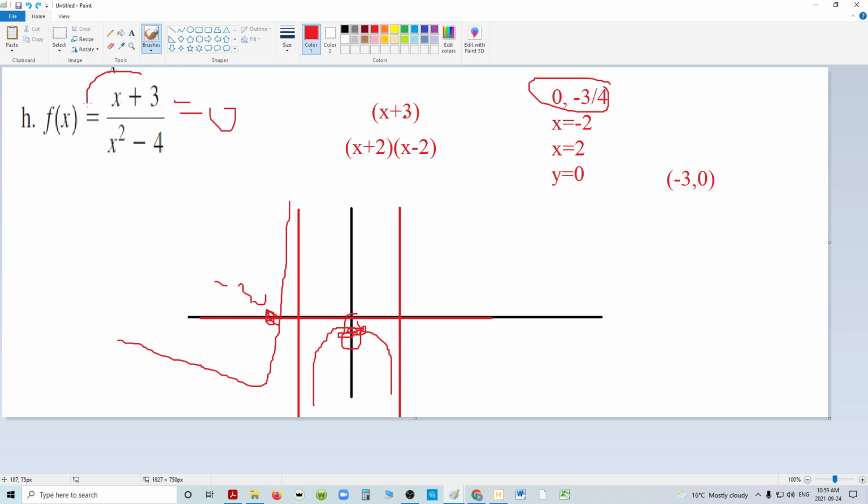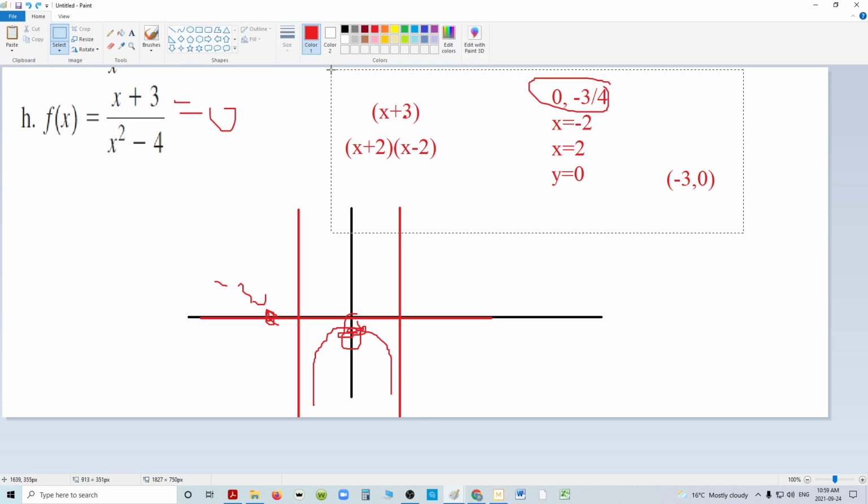Because the only time it crosses the horizontal asymptote is on the left side here. So there's probably a min point here and a max point here, or possibly, unlikely though, a max point here and a max point here. So you want to take values, and you definitely want to take the derivative, because there's going to be two min or max points. But you can see how much information we got already.